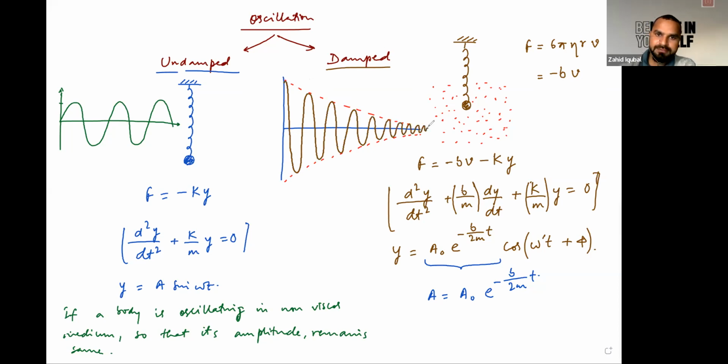And finally, it becomes 0. So this is the variation of amplitude. Maximum value of amplitude is A naught. So this is called damped oscillation. So we can say if a body is oscillating in a viscous medium, its amplitude decreases exponentially. This oscillation of body is called damped oscillation.